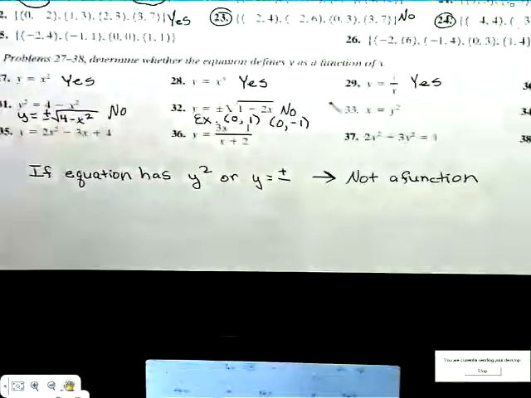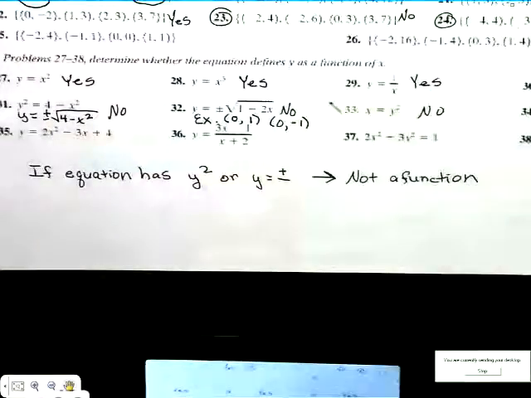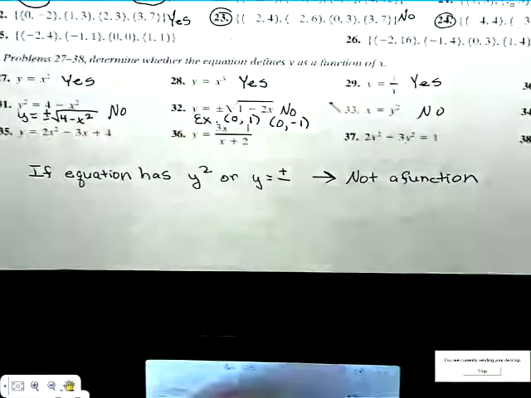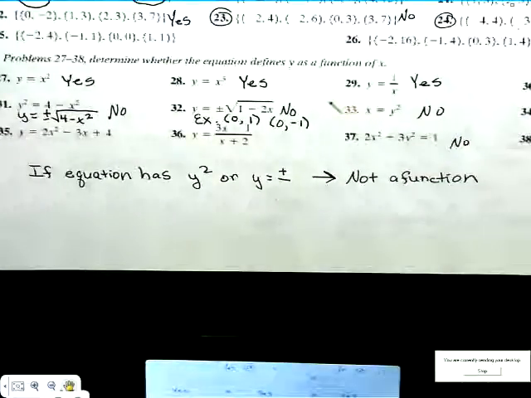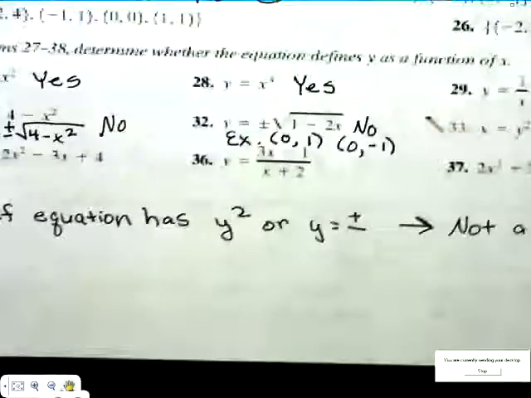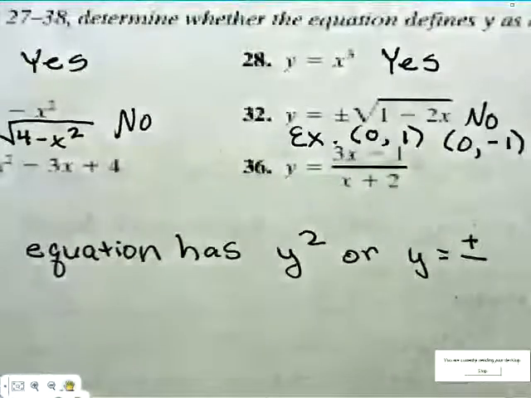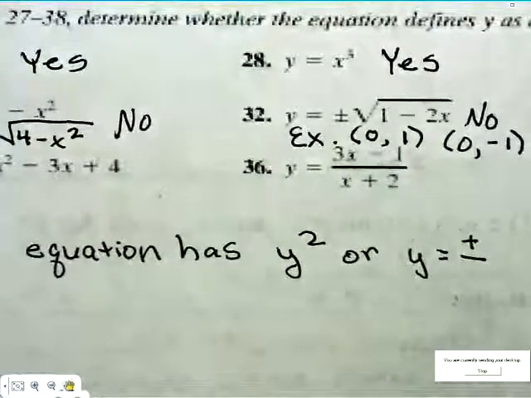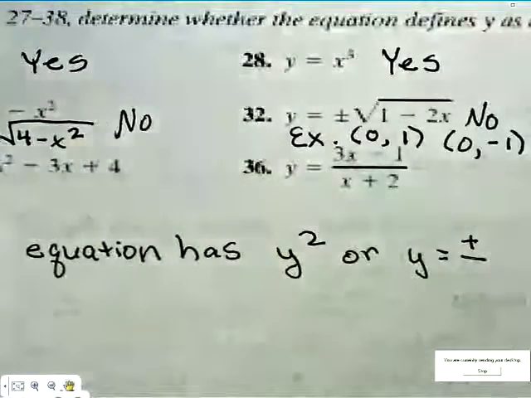So tell me the others of those that aren't functions. 33 has a y squared. 37, 38. Ooh, what about 36? If I gave you a test question, a 1-question pop quiz, and I said, find y when x is 7, for example, how many right answers would there be?